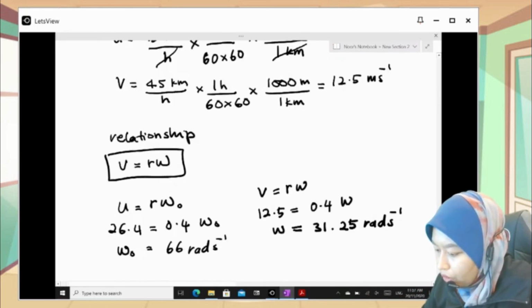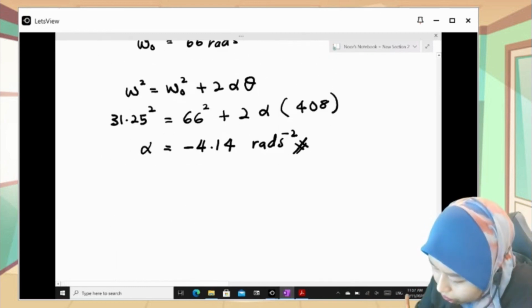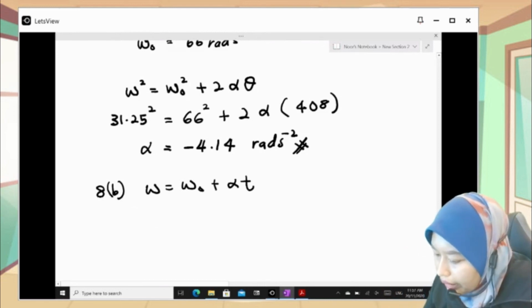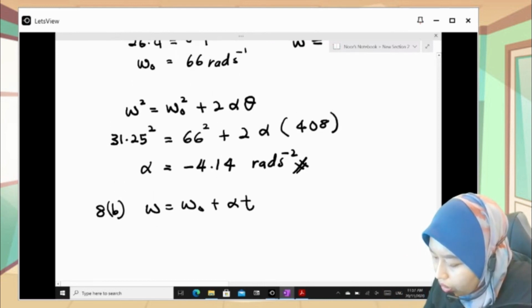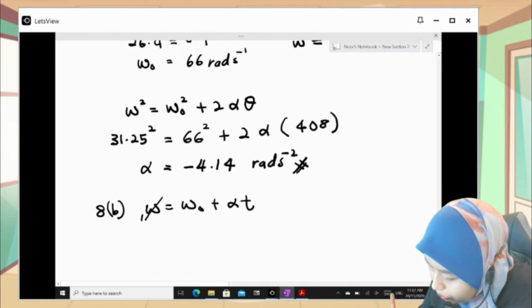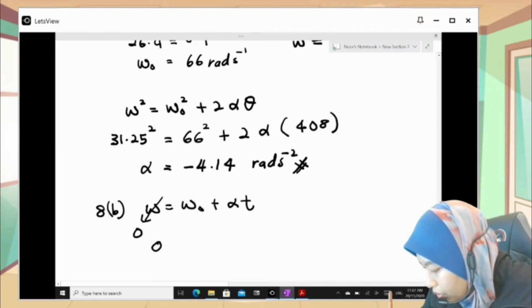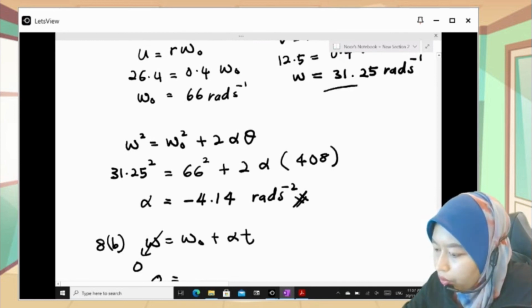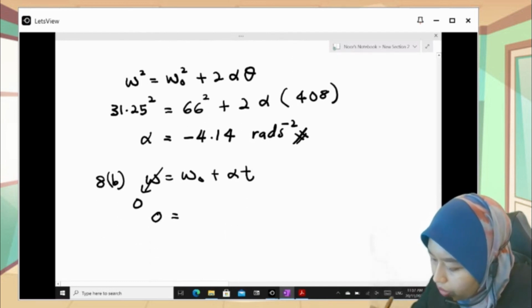Okay, so we can use, but let's use omega naught as 31.25 instead, okay? Because from 31.25, it's going to continue at this rate until it stops.